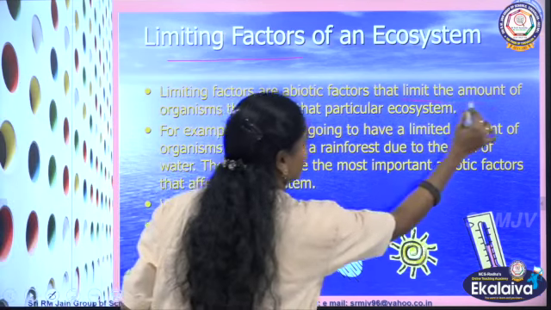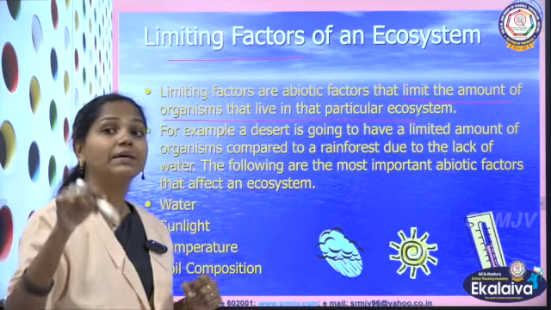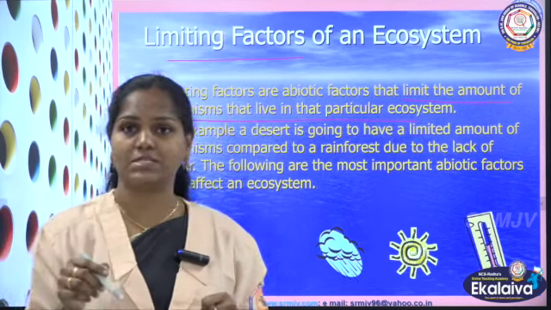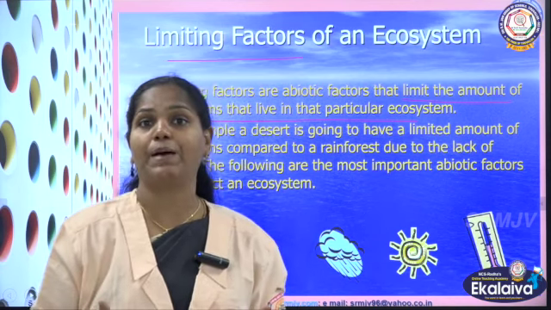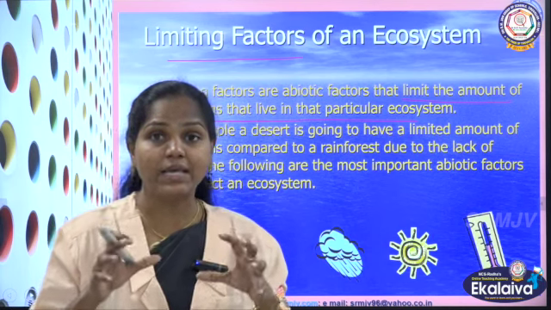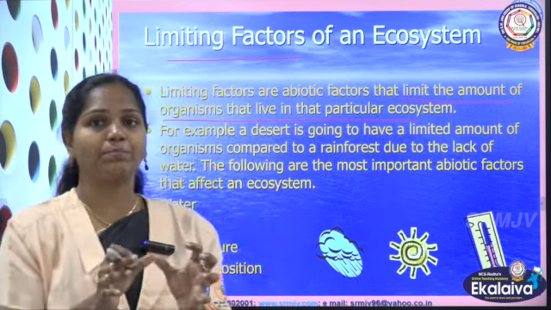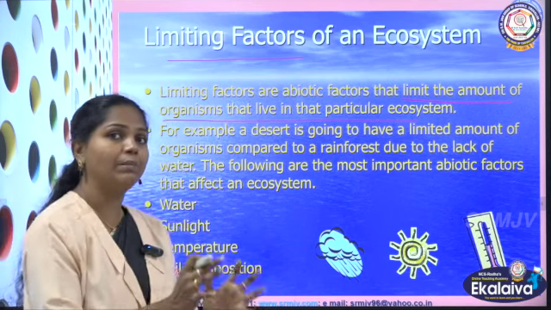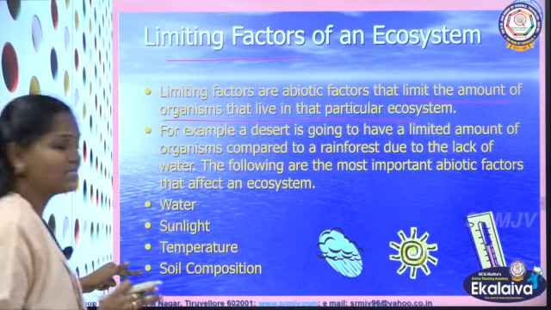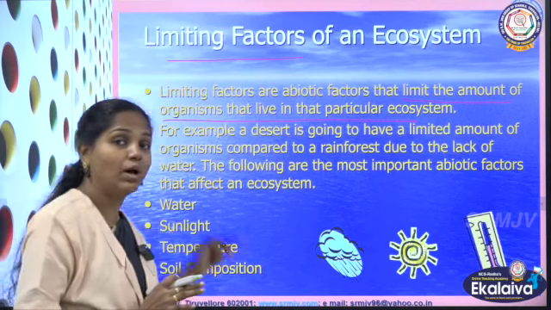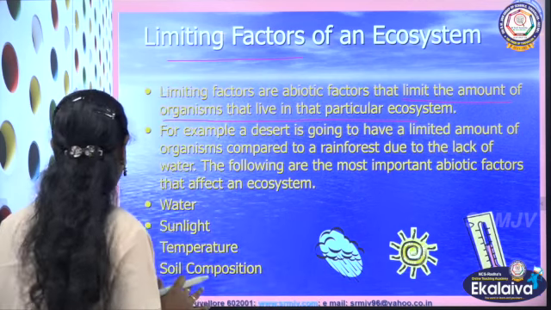These limiting factors limit the amount of organisms that live in a particular ecosystem, so they are responsible for the ecological balance. They limit the number of organisms, that is the population, in that particular part of our ecosystem. So now we will see how these limiting factors have their role in our ecosystem.